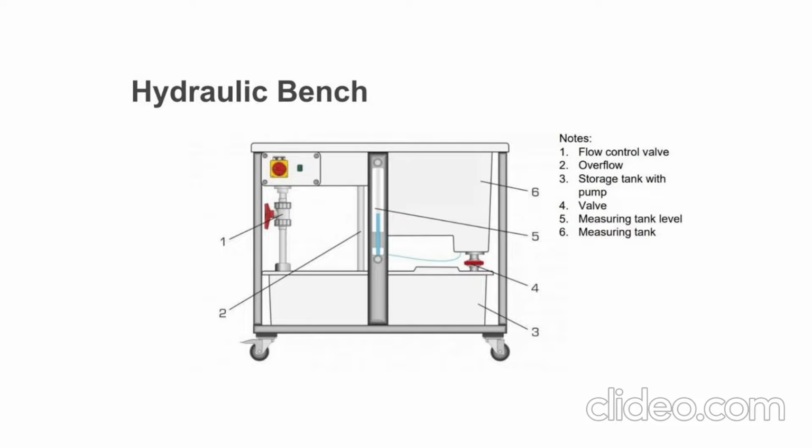Okay, next the second apparatus is the hydraulic bench, which contains the flow control valve, second the overflow, third the storage tank with pump, fourth the valve, next the measuring tank level, and the last one is the measuring tank.